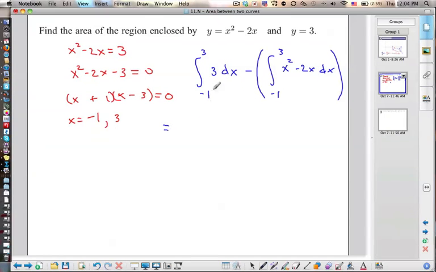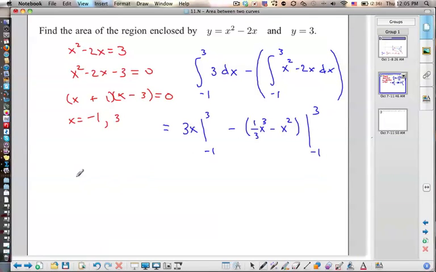All right, so let's do this. The integral of 3 is 3x from -1 to 3, minus the integral of x squared, which is 1/3 x cubed, minus x squared, from -1 to 3.